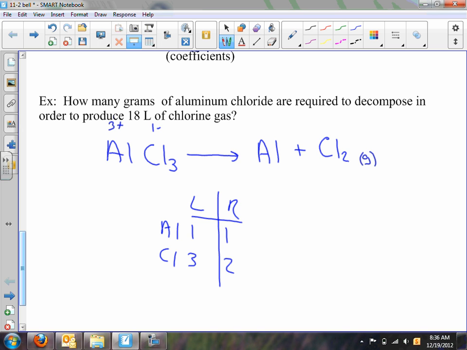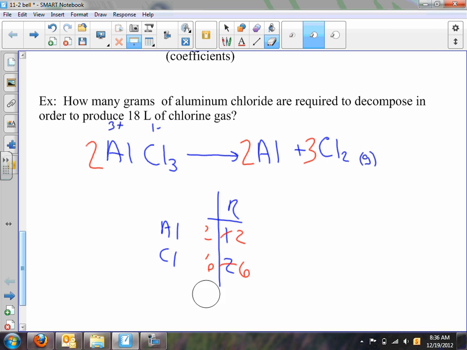So to balance a 2 and a 3, you need 6, which means I need to put a coefficient of 2 there, which changes my aluminum to 2 and my chlorine to 6. Then a coefficient of 3 there to make my chlorine on the right 6. And now I just need 2 aluminums on the right, so a coefficient of 2 there. So I now have a balanced equation. I can at least start my problem.